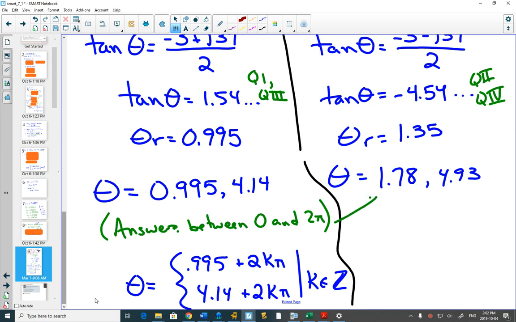Again, I'll make a note. I'm going to cheap out and make an arrow so I don't have to write as much. Those are answers between 0 and 2 pi.